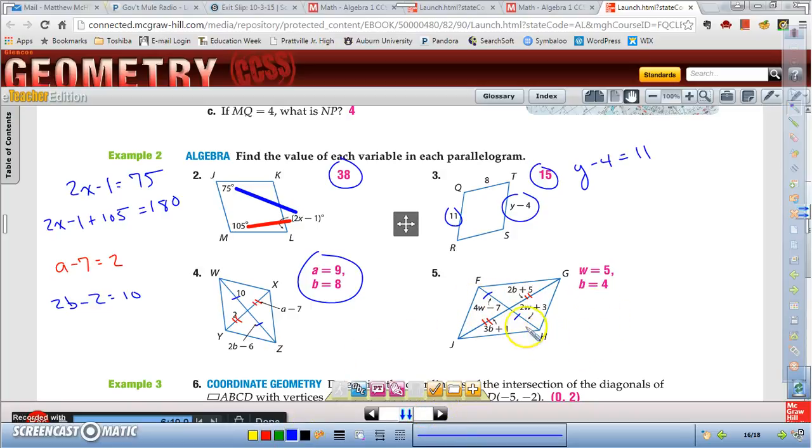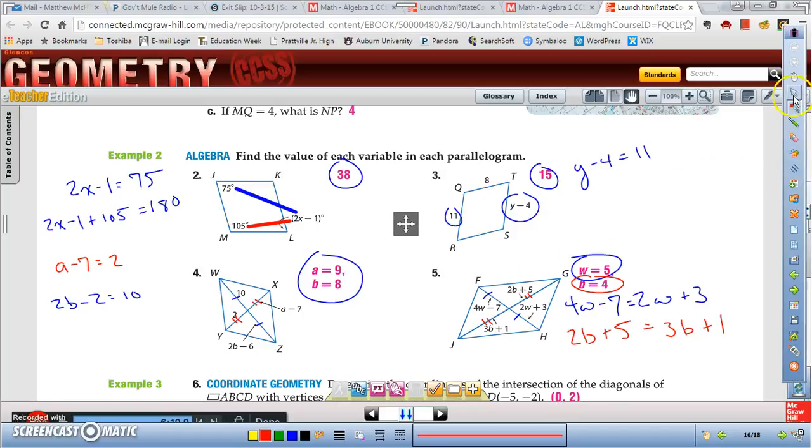Since I know that diagonals bisect one another, I can say that 4w minus 7 is equal to 2w plus 3. Solve that equation and you'll get a value of 5 for w. Your other equation to solve for b is going to be 2b plus 5 is equal to 3b plus 1. Solving there, we get a value of 4 for b.